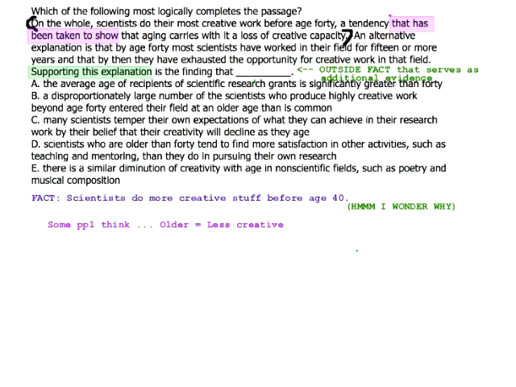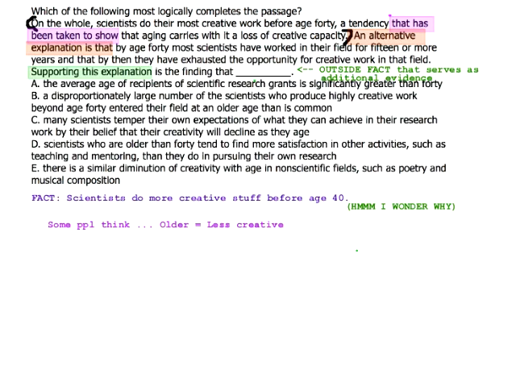An alternative explanation, say other people think that by the time they get to that age, most of them have worked in their field for a really long time, and so they've basically just been doing it for too long. This is the other hypothesis.